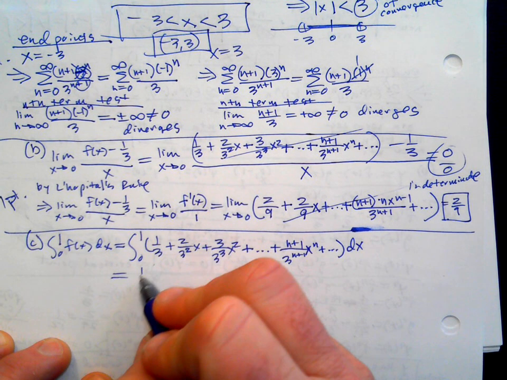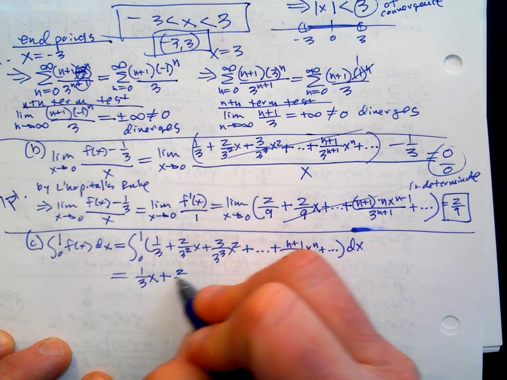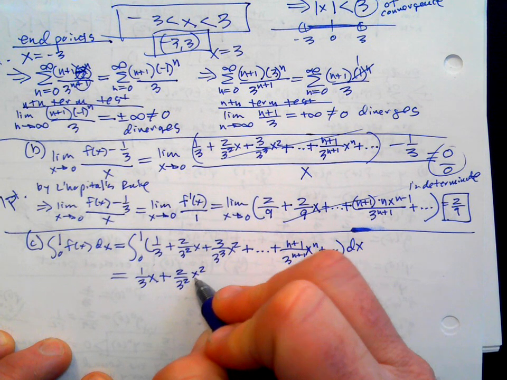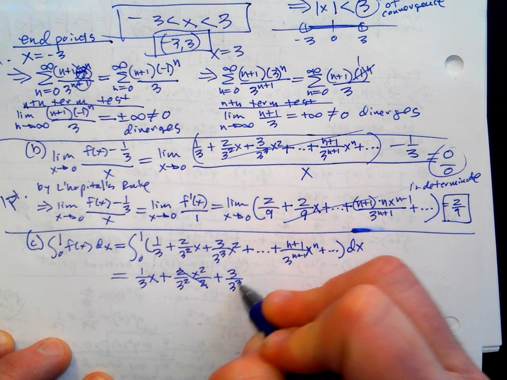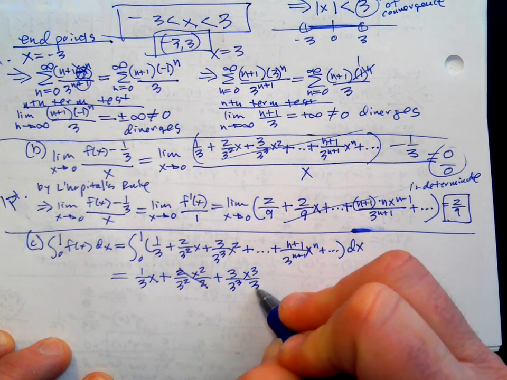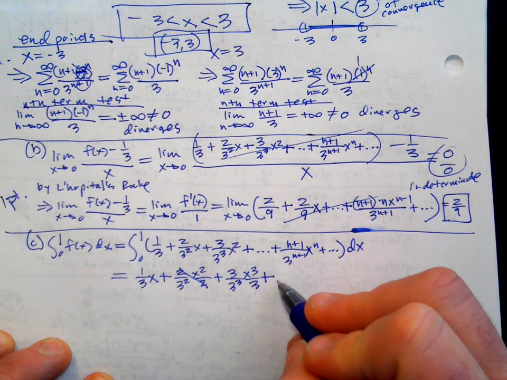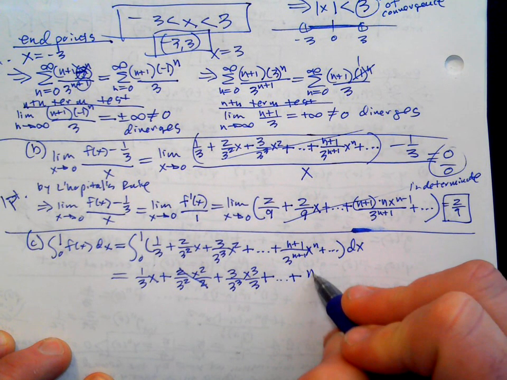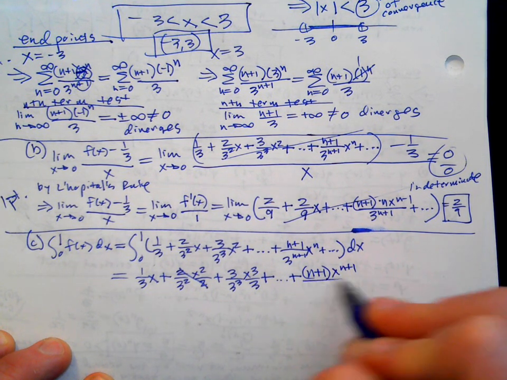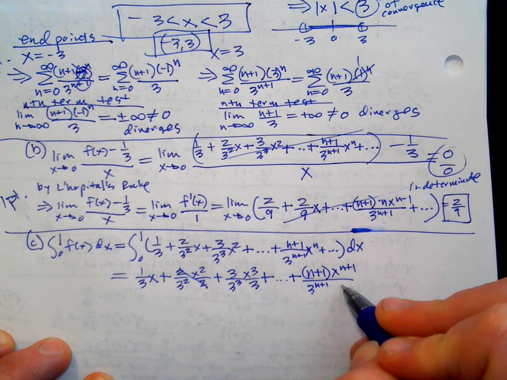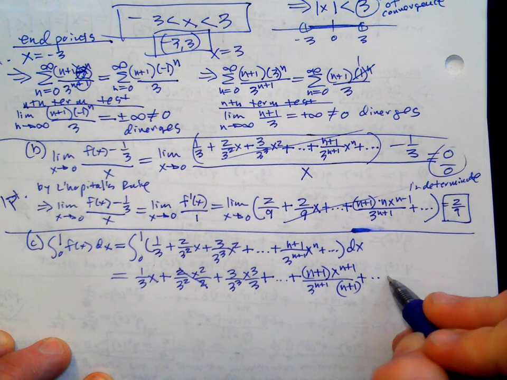So the antiderivative is 1/3 x plus 2 over 3 squared x squared over 2 plus 3 over 3 cubed x cubed over 3, power rule, plus, now they said the first 3 non-zero terms, well, we got them, and the general term plus, and you can integrate the general term, n plus 1 x to the n plus 1 over 3 to the n plus 1 divided by the new exponent n plus 1 plus ... You should write those.